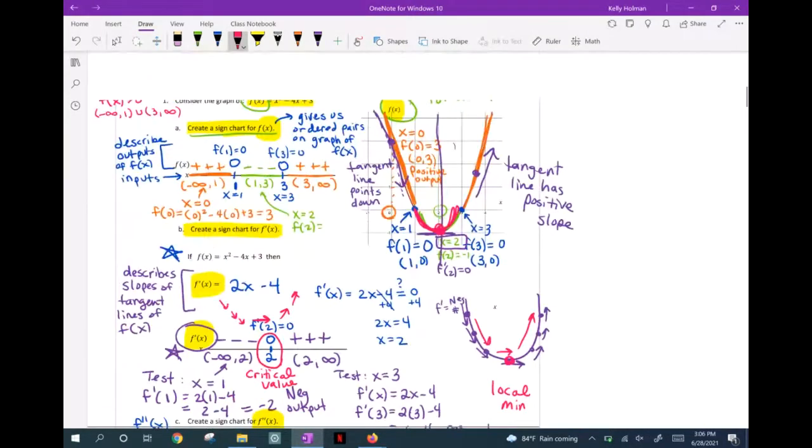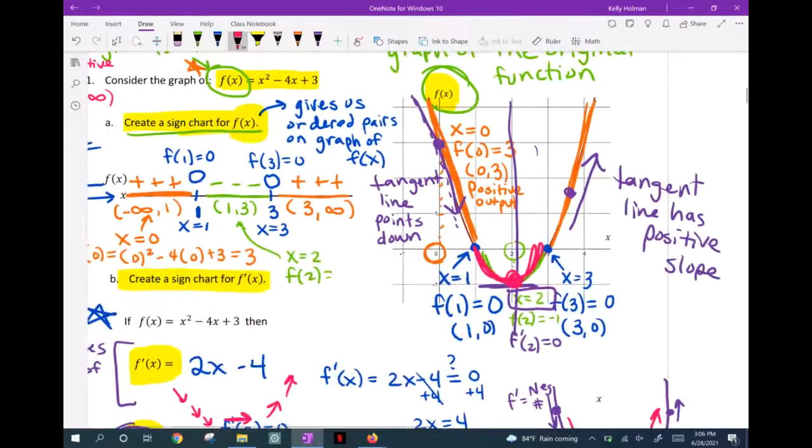Look at your original graph. It's U-shaped, and it's pointing up. That's concave up. This is concave up everywhere. It's always a U pointing up. That's what the second derivative is going to tell us: the shape of that graph.